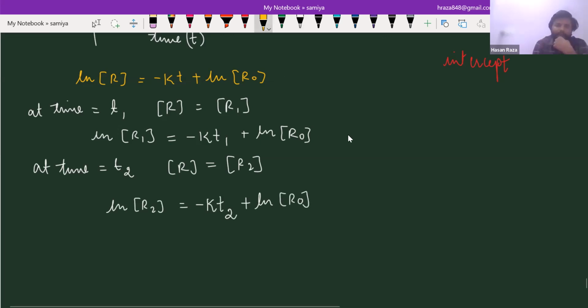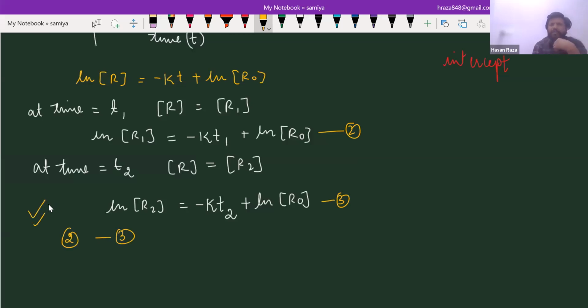Now you can see this is the second equation and this is the third equation. Now what are we going to do? We are going to subtract 2 minus 3. So first write it, then I will subtract it and derive it in front of you, which is very easy.